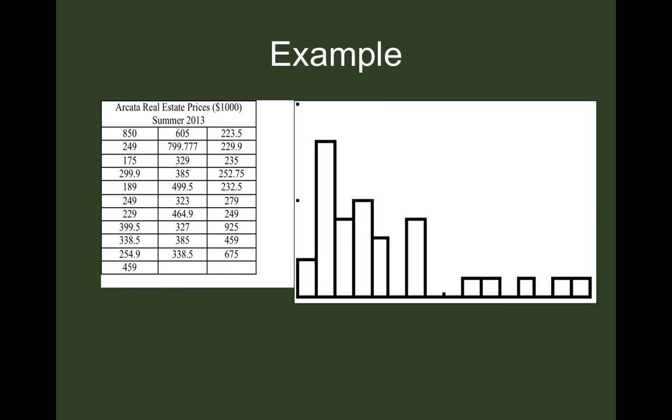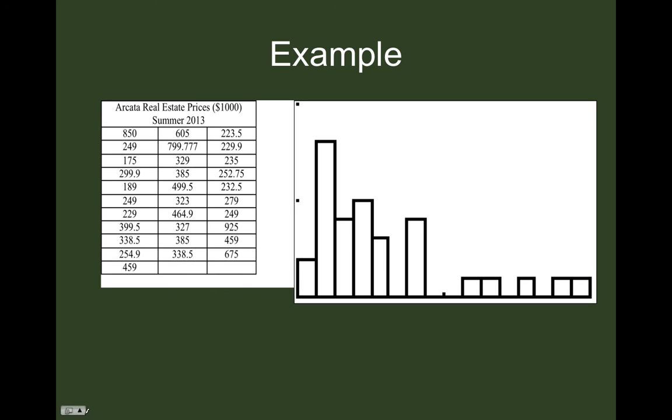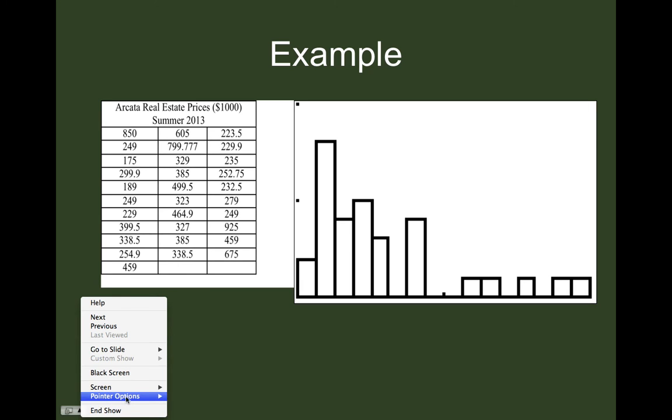Now, one of the things I want to demonstrate with this histogram, and also I'm going to go ahead and throw the axes on here. Let me get my pointer here. It's pen.